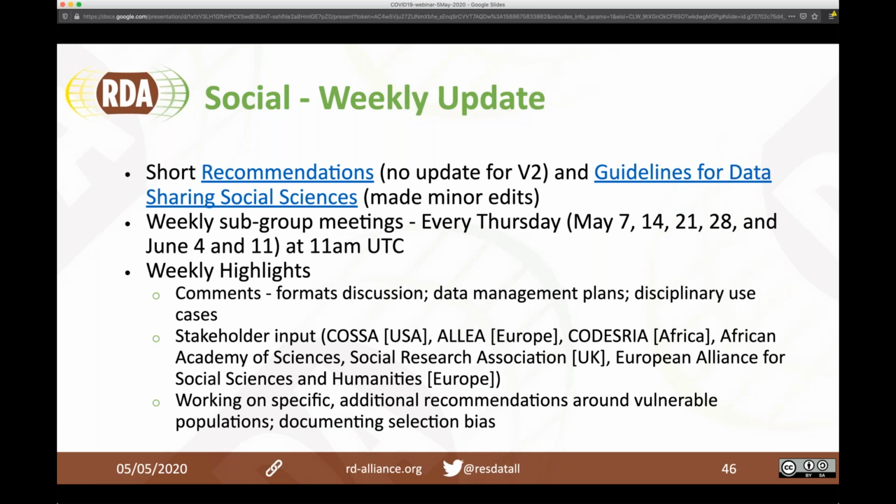So this week, as we met and discussed where we were at and what we needed to submit for version 2, we reviewed the comments that had come in and did not make any changes to the short recommendations that we had made. But in the longer guidelines for data sharing in the social sciences, we did make some minor edits.